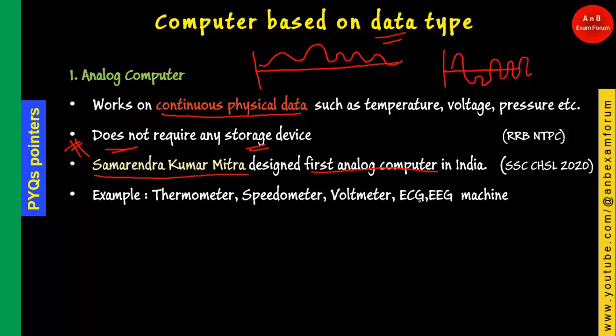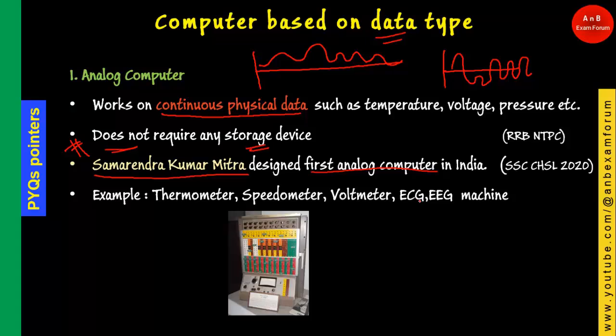Nowadays hybrid computers are very popular because we need the data to be stored in some place. For that we need digital computer. And if you see, this is the first type of analog computer. There are some bars, some buttons in it which take analog input to the machine, and there is one voltmeter also. You can see the voltage level on the screen.